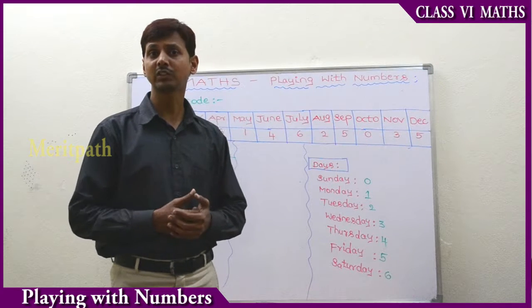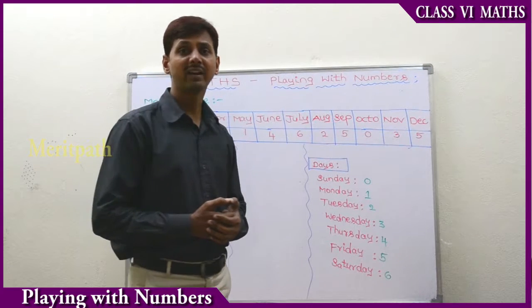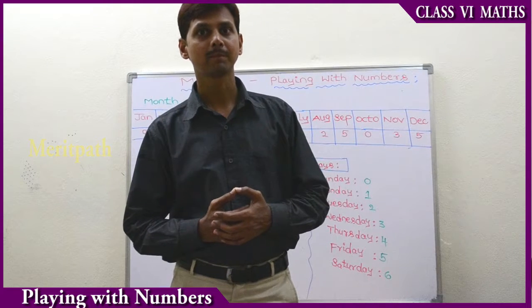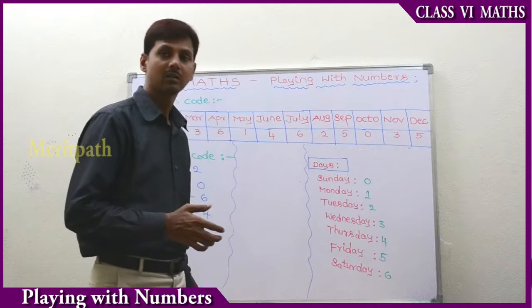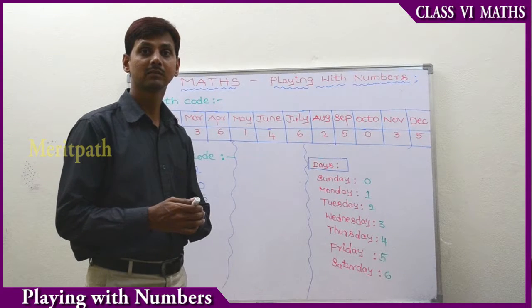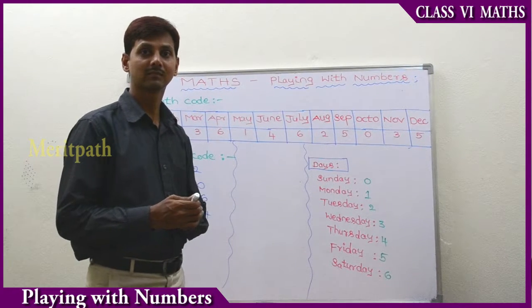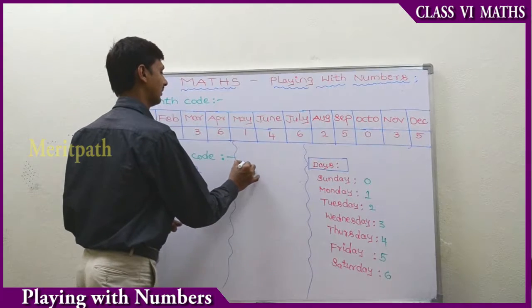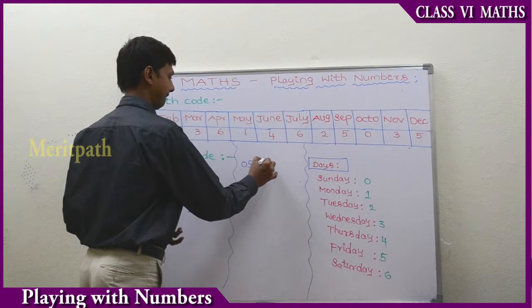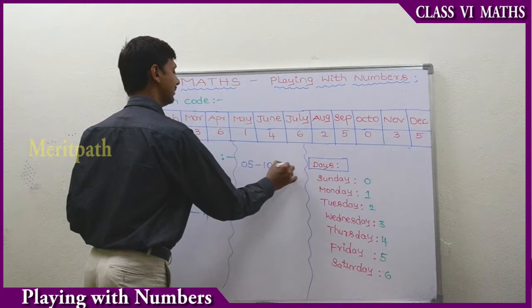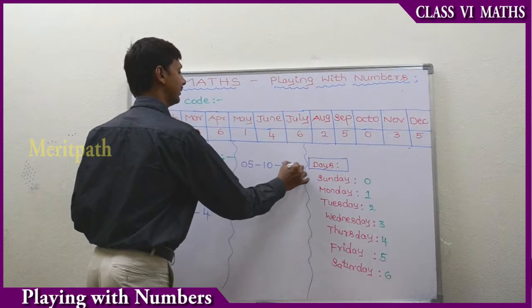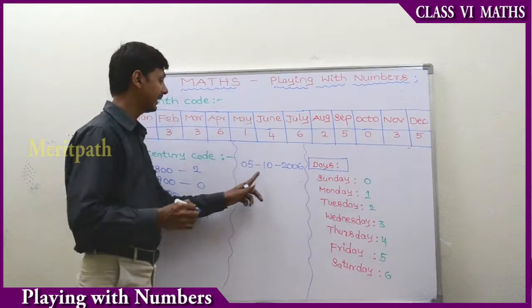So let me ask one question. Can you say when is your date of birth? 5th October 2006. October is the 10th month.